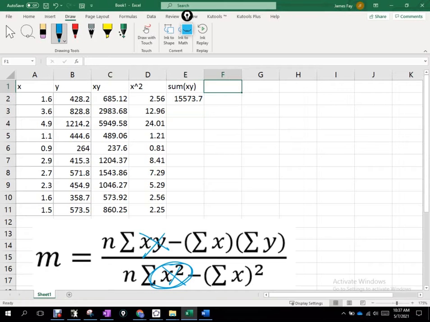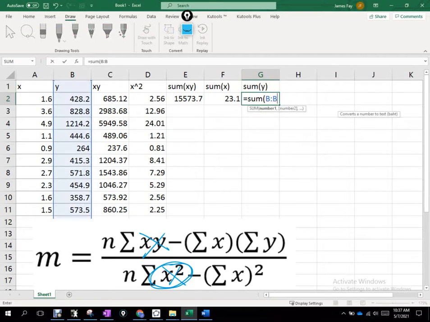We need the sum of X, so I'll hit equals sum, and that column is A, so A colon A, and hit enter. We've got the sum of XY and the sum of X, and we need the sum of Y, which is going to be sum of B colon B.